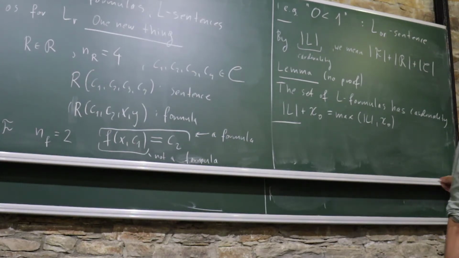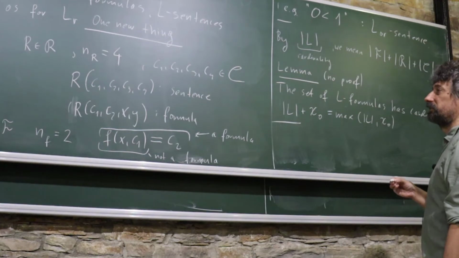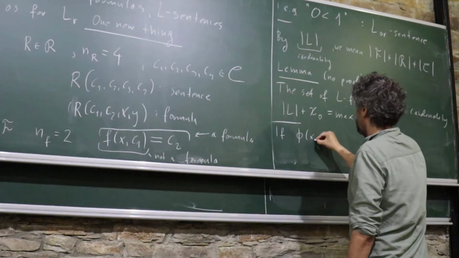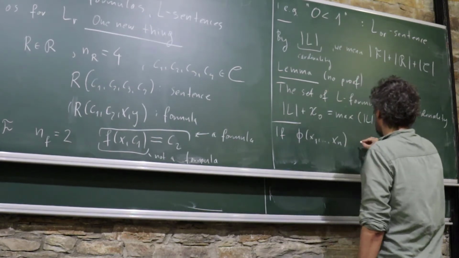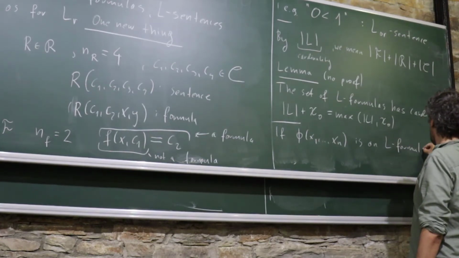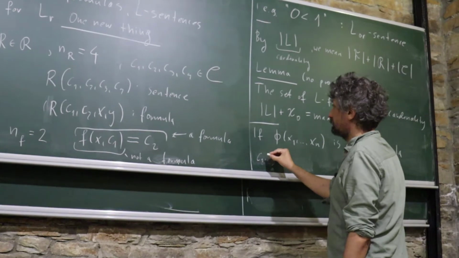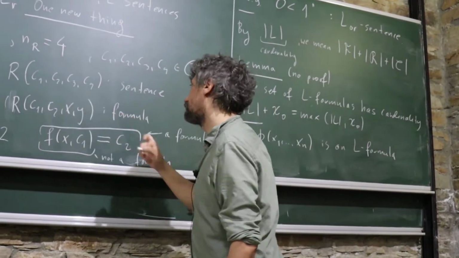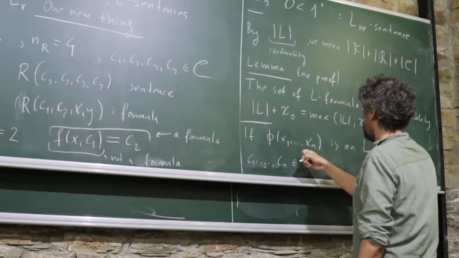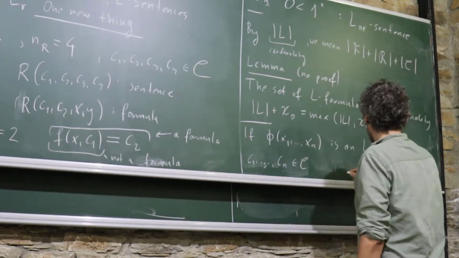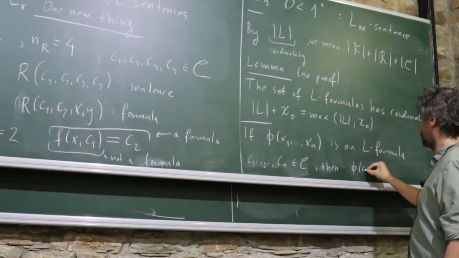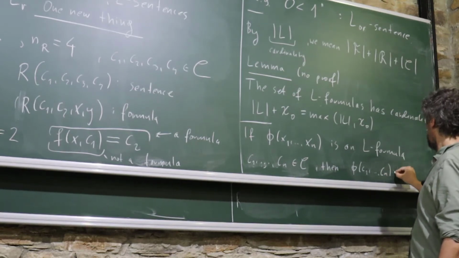Okay. And again, about constructing sentences. So if φ(x1, ..., xn) is an L formula, and c1, ..., cn are constants replacing the free variables, then this is a sentence.